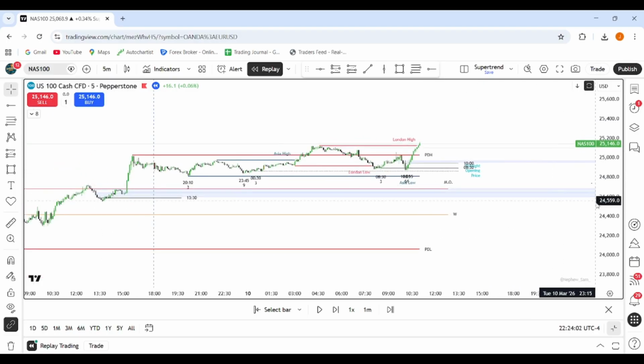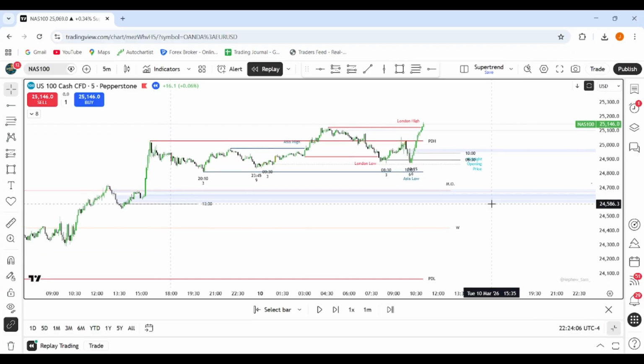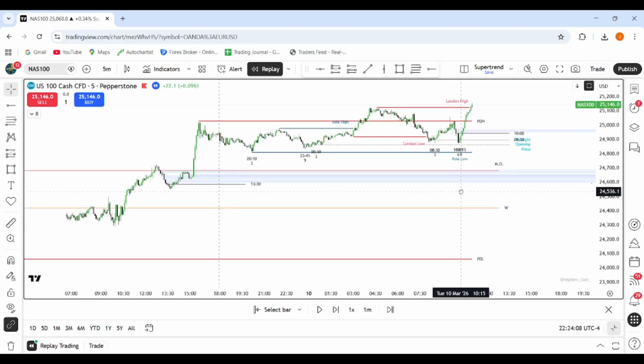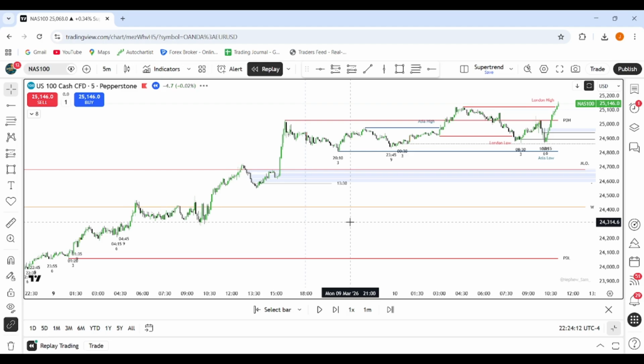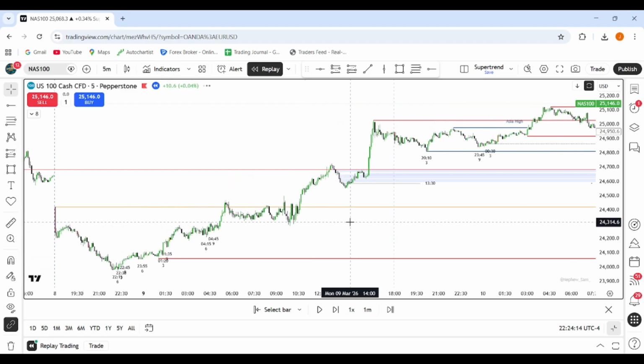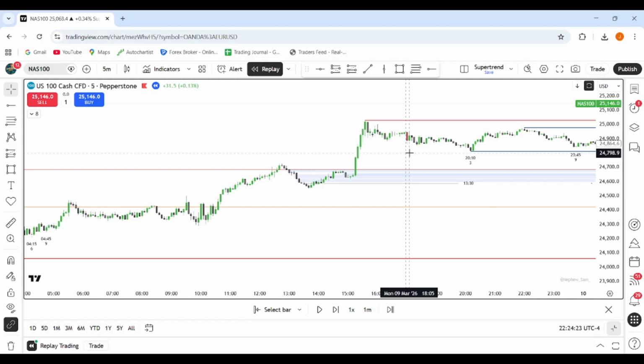And the first thing that I do in order to get my compass or understand where price is going is by looking at the highest and lowest fair value gap from the day before. So here we have the first one at the top, which is quite small as well. It's very small, to be honest.